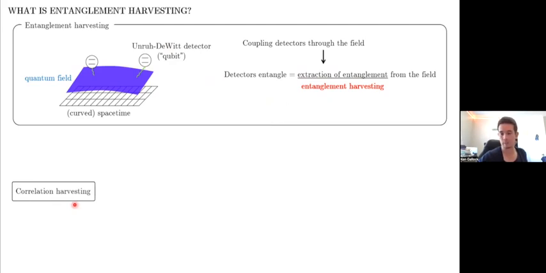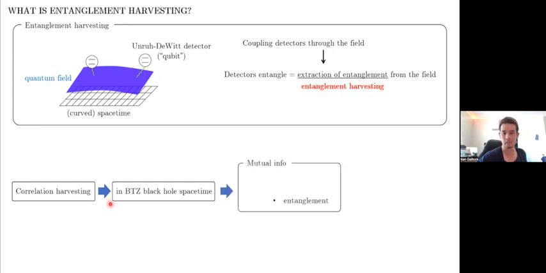In our paper, we are interested in correlation harvesting in BTZ black hole space-time. In particular, we looked at mutual information, which is basically the total correlation, including entanglement.